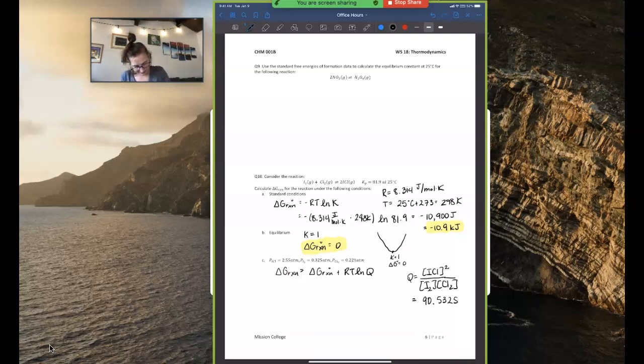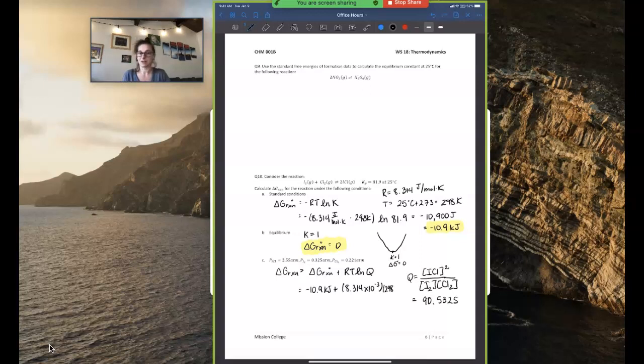And we have delta G, we had negative 10.9 kilojoules plus, remember R is in joules, so in this case here, maybe you want to convert R into kilojoules so everything is consistent, so that would be 8.314 times 10 to the negative third times 298.